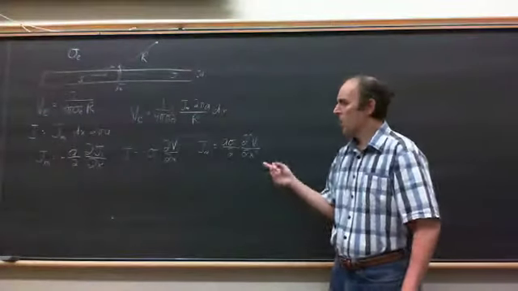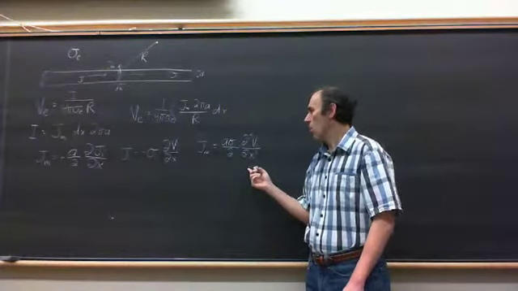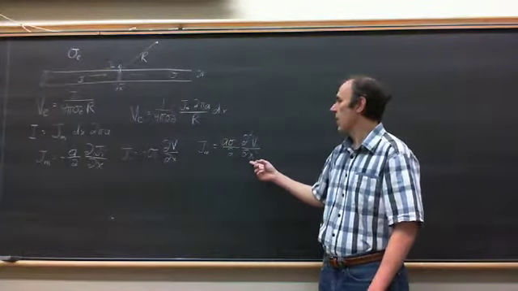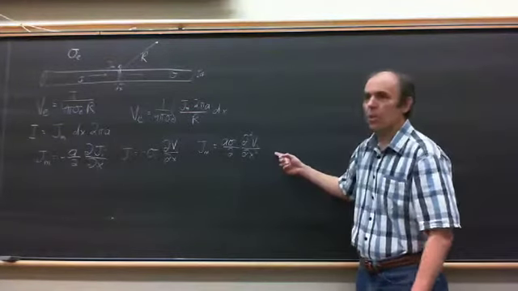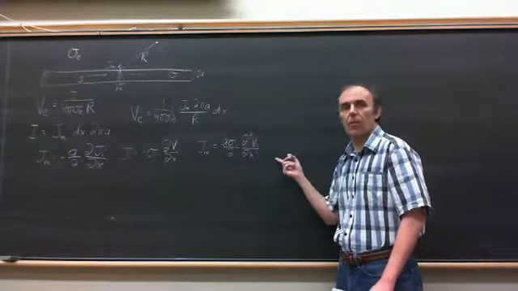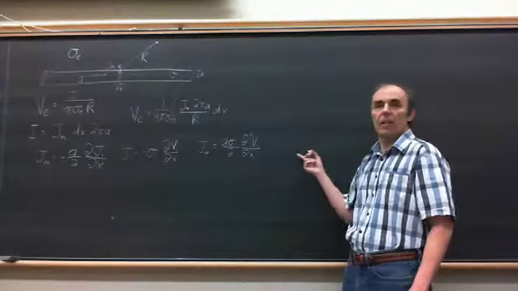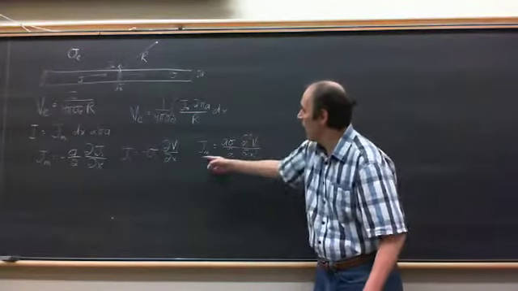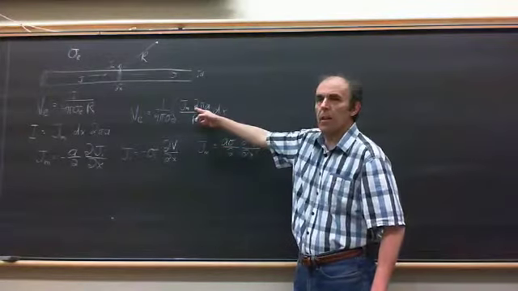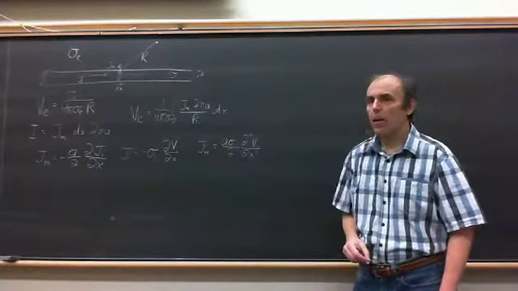Really, this is just what we had with the cable model. If you remember, this is the second derivative with space, and then that's equal to a capacitive term, first derivative in time, and a conductive term. So this part is nothing new, but we're going to put it in here for Jm.